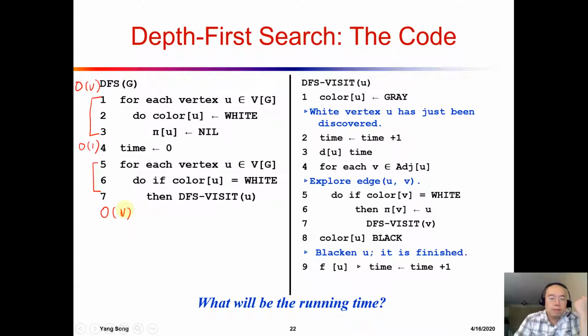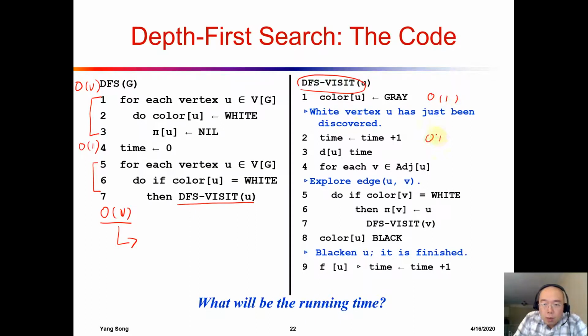So we are going to visit all the vertices again. Okay, and then we have a recursive call here. So inside of this O(V), there might be another time complexity of the DFS visit. So we have to figure out what is the time complexity of the DFS visit.